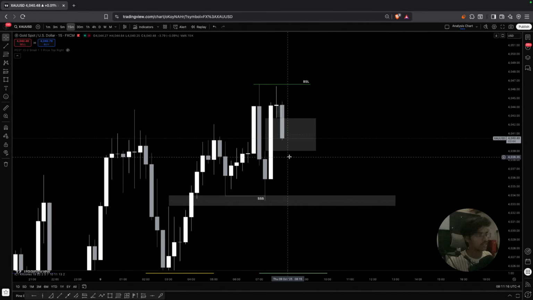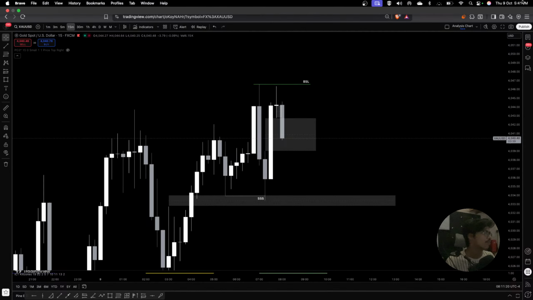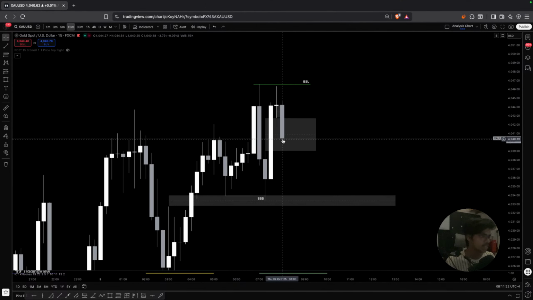There are 3 minutes left in the 15-minute candle. If this candle closes below this point, look for sells.